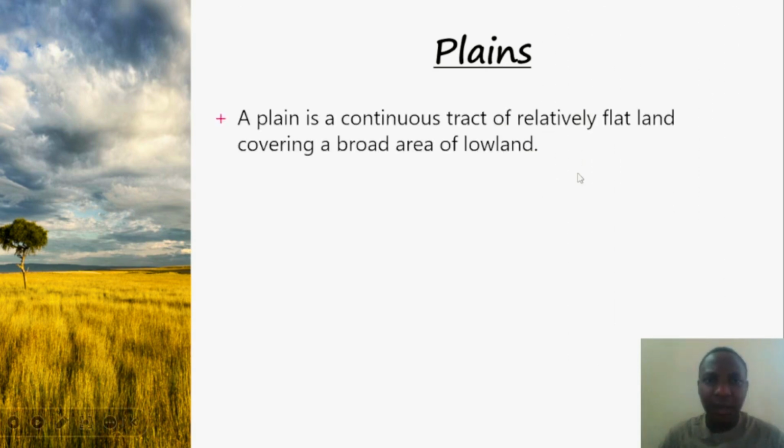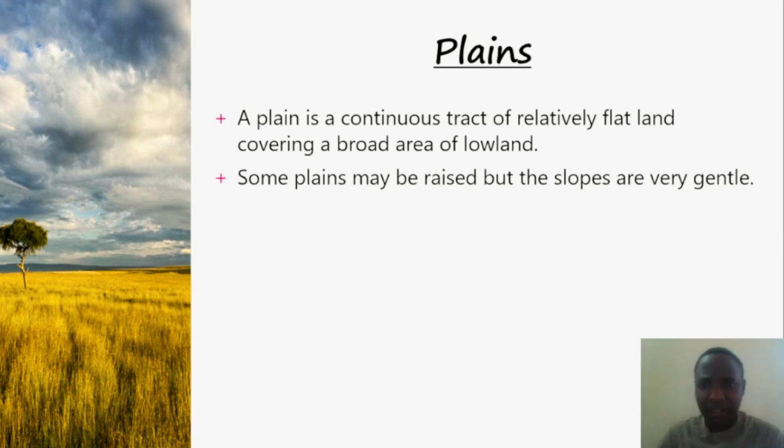Talking about definition, a plain is just a continuous tract of relatively flat land covering a broad area of lowland. So that's how we can simply define a plain. A plain is a continuous feature of the Earth's surface whereby it's relatively flat land covering a broad area of lowland. So that's what we call a plain.